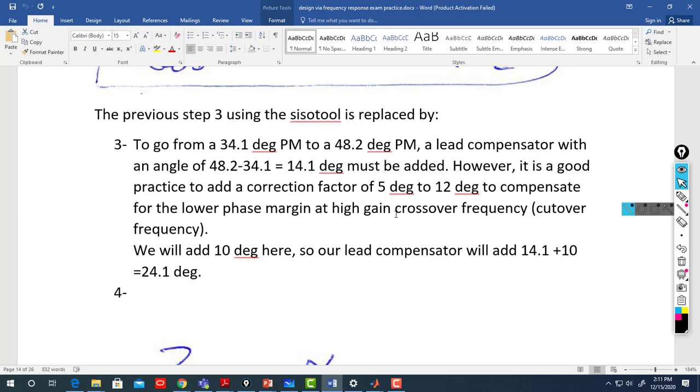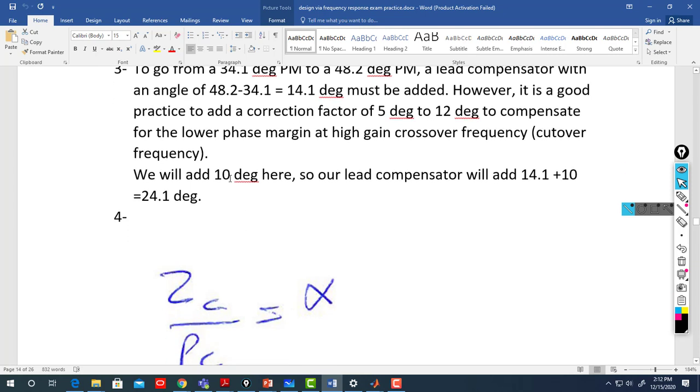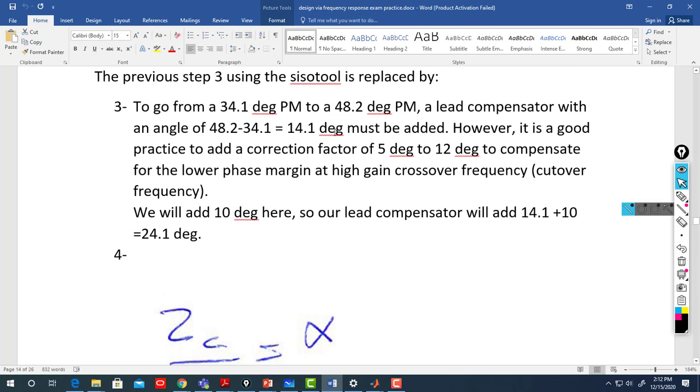So to compensate for this effect, it's good practice to add a correction factor between 5 and 12 degree. Here I choose to add 10 degree. You can choose anything else, usually recommended between 5 and 12. You added 10 degrees and 14.1 plus 10 is 24.1.